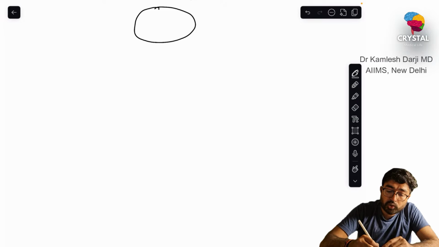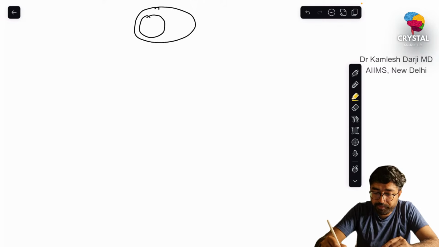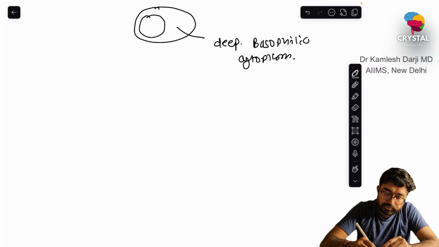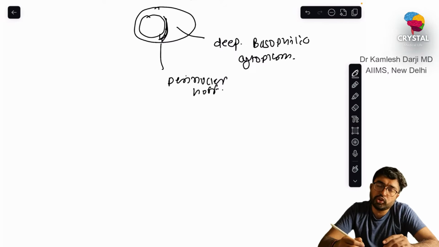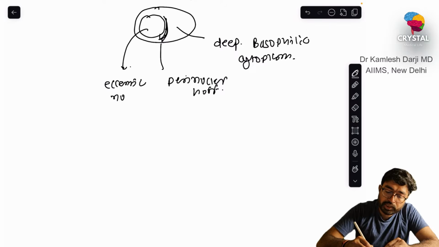How do these plasma cells look like? So plasma cells have a round to oval shape, basophilic cytoplasm, perinuclear hof due to the Golgi apparatus, then round eccentric nuclei with clock face chromatin.